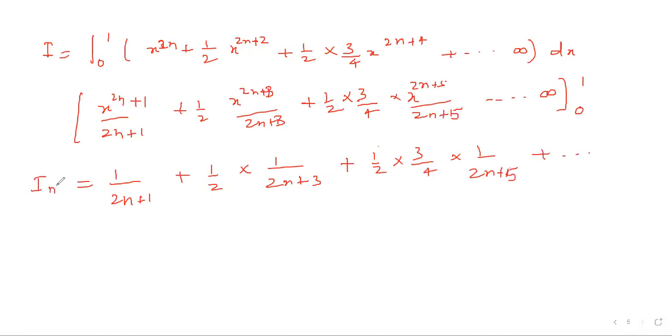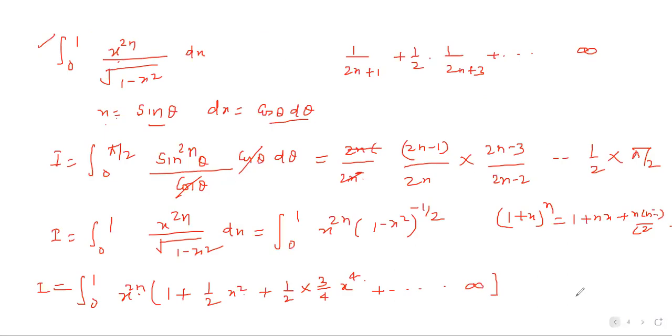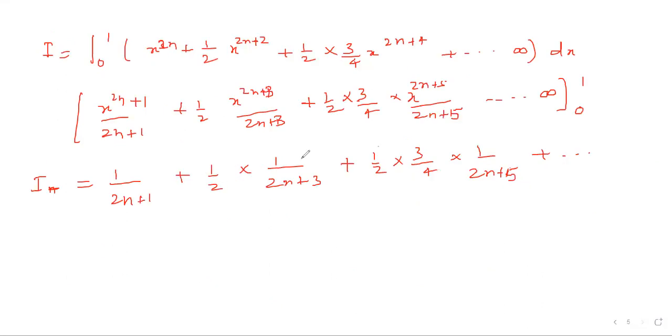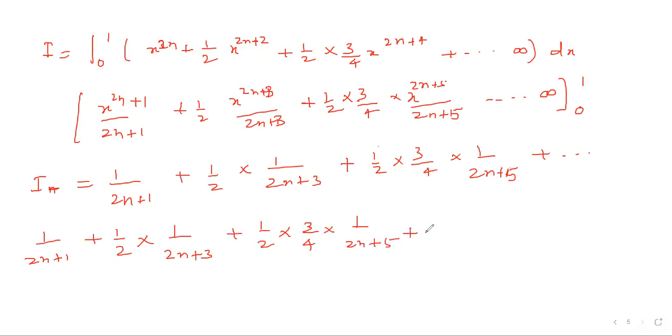This is I. And we have already evaluated I the other way around also, so both must be equal. So we can write this equal to 1 upon 2n plus 1 plus 1 upon 2 times 1 upon 2n plus 3 plus 1 upon 2 into 3 by 4 into 1 upon 2n plus 5 and so on equal to the previous result.